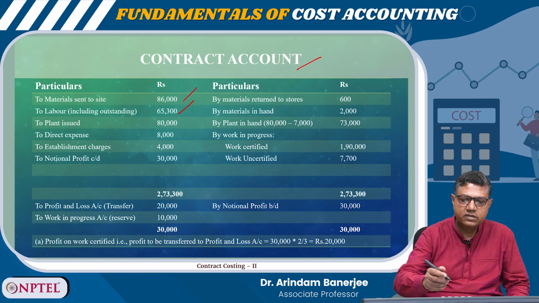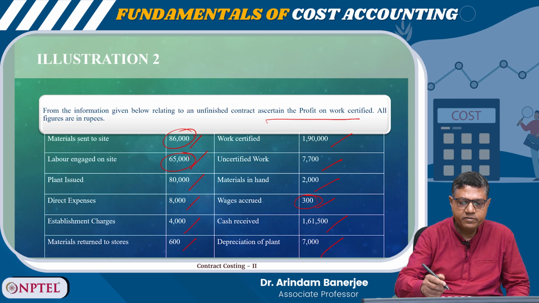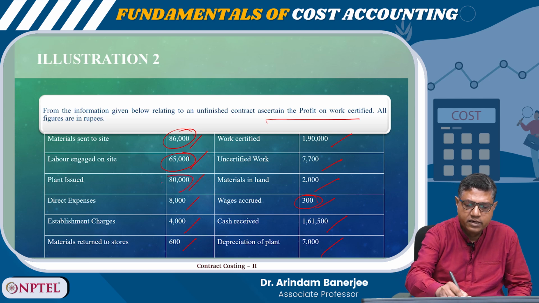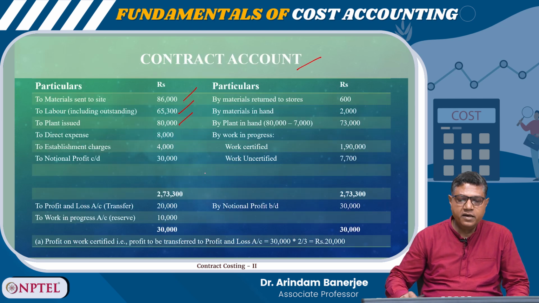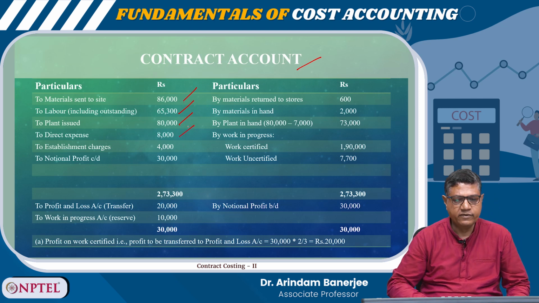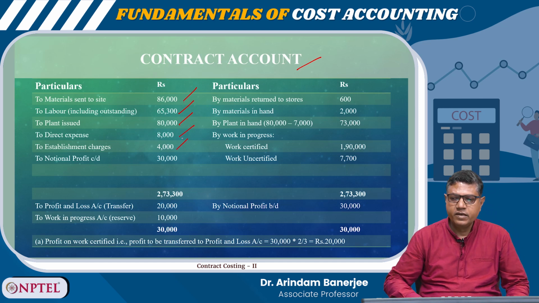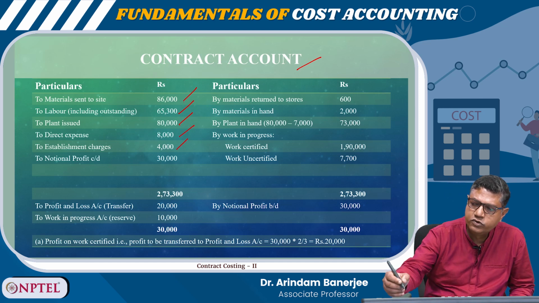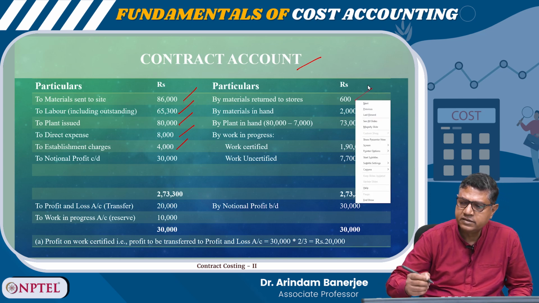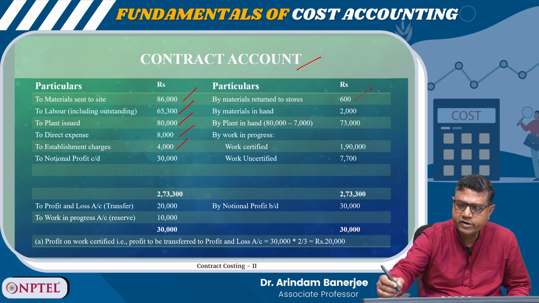Plant issued 80,000, it is given here. Direct expenses 8,000, establishment charges 4,000. Materials returned to stores, it is 600.